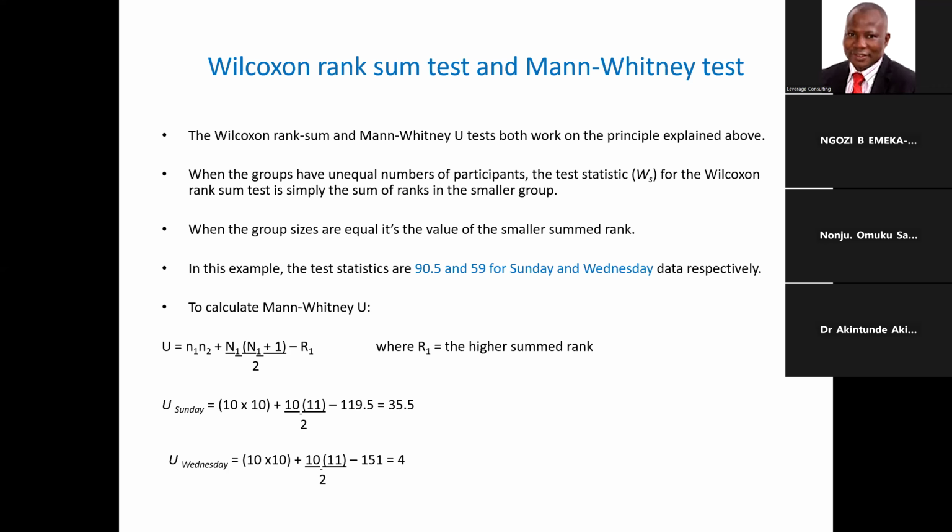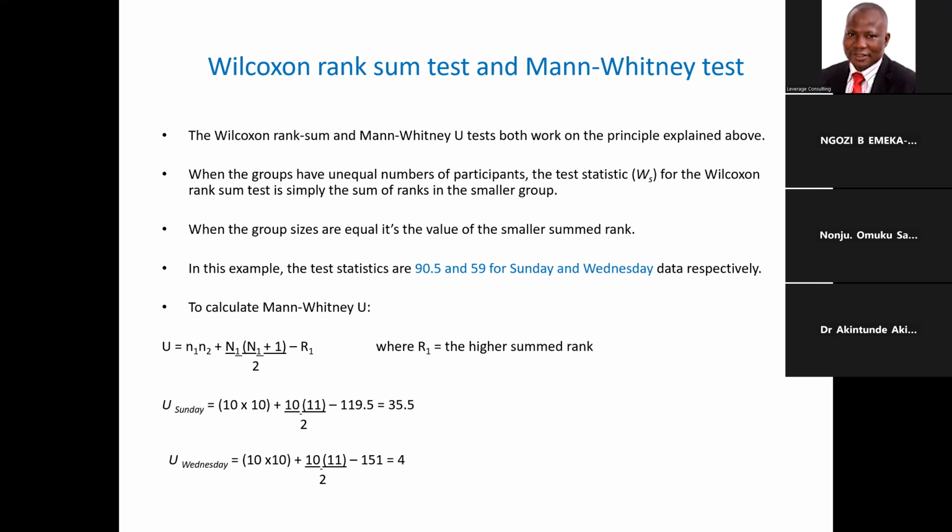But when the groups have an unequal number of participants, the test statistic for the Wilcoxon rank sum test is simply the sum of the ranks in the smaller group. So let's say we have 11 and 10 now. The one with 10 is the smaller group, and that would be the statistic.